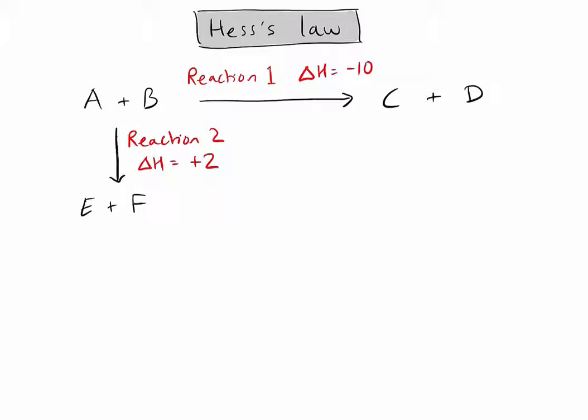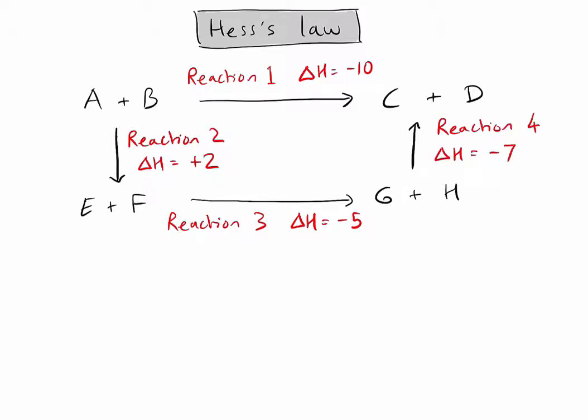Perhaps reaction 3 goes from E and F to G and H. This reaction has an enthalpy change of, say, -5. And lastly, let's imagine that G and H react together to form C and D. This is reaction 4, and let's give it an enthalpy change of -7.